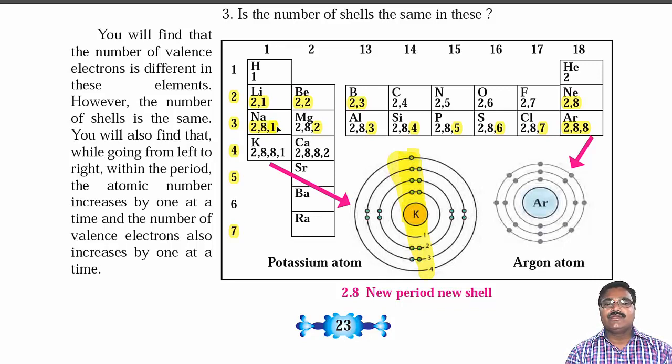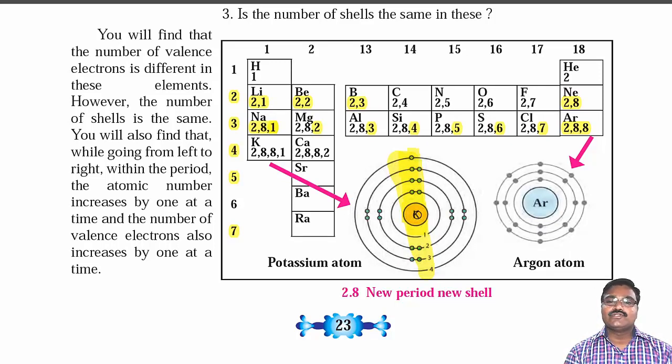And here you can see if the number of electrons goes on increasing, the negative charge will also go on increasing, and as the number of electrons goes on increasing, similarly there must be an increasing number of protons.